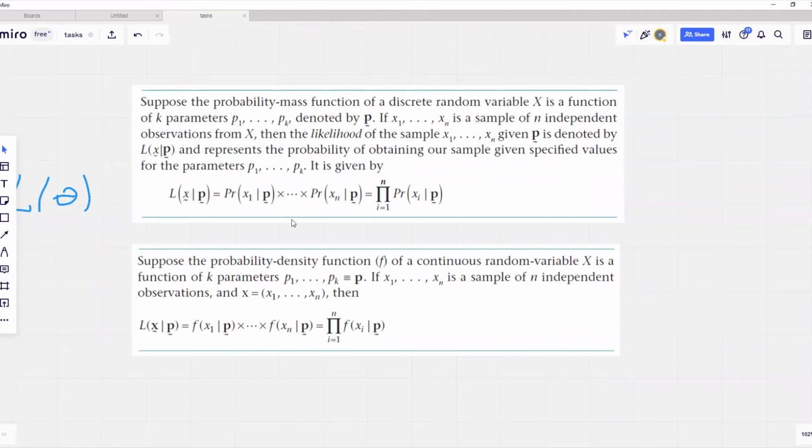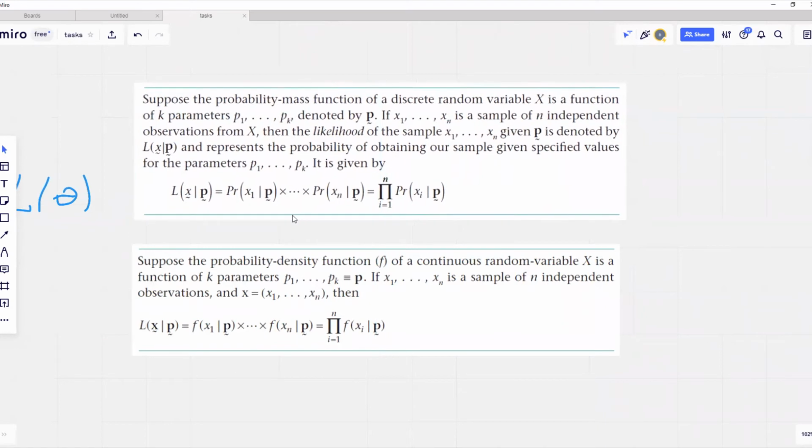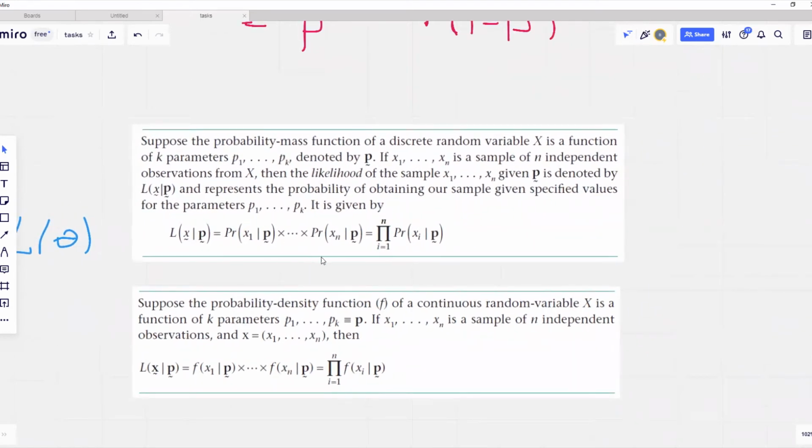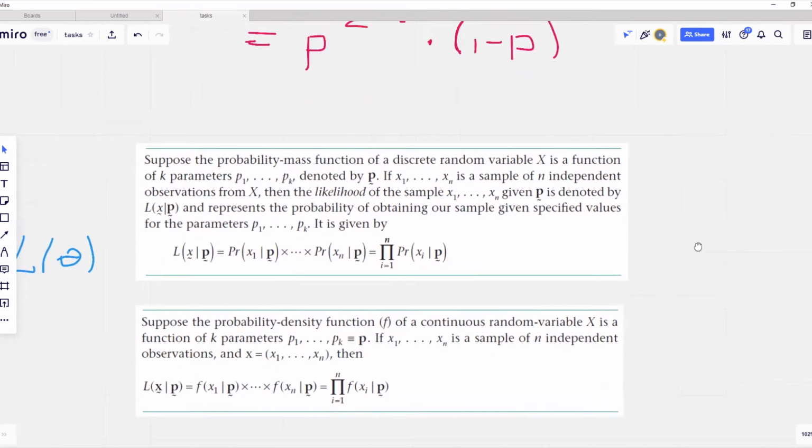It is a similar argument as for the discrete case, since these are independent random variables. If the xi's are continuous random variables that are independent, then their joint PDF is defined as the product of their individual PDFs.